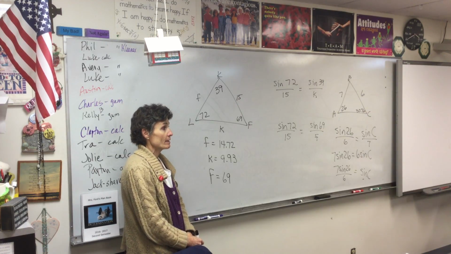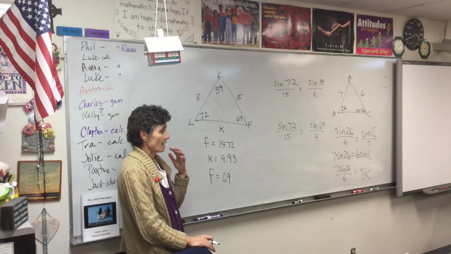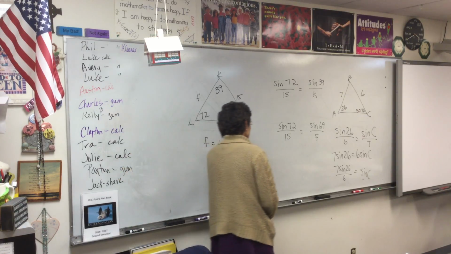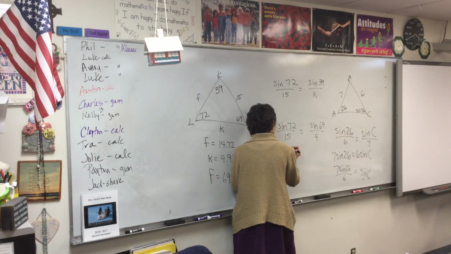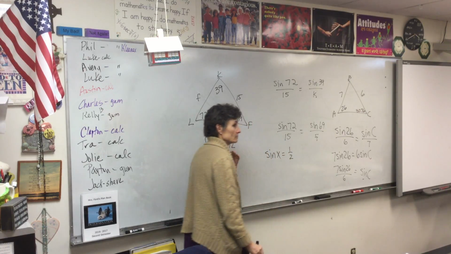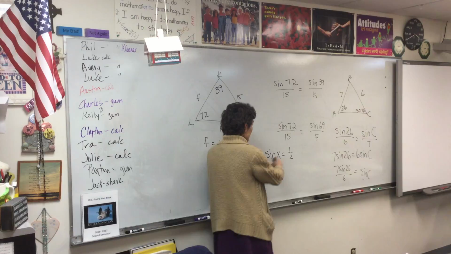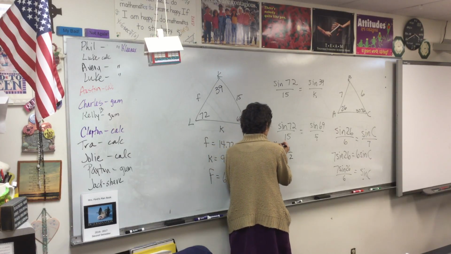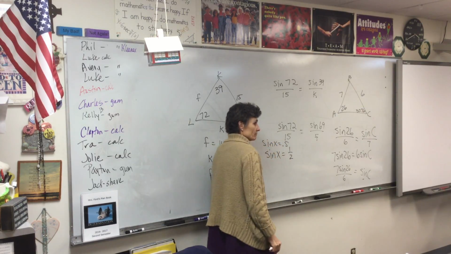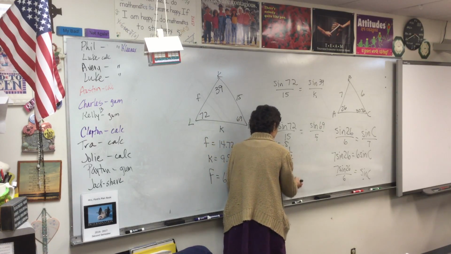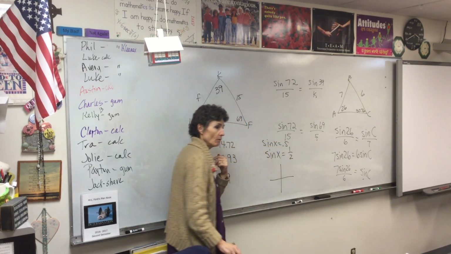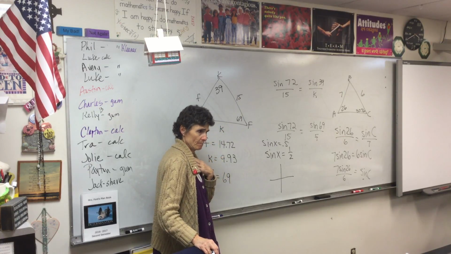Now I need you to just back up one step. You had questions on your test that looked like this: sin x equals a decimal, like 1/2. And the first thing you did was say to yourself, where could that happen?